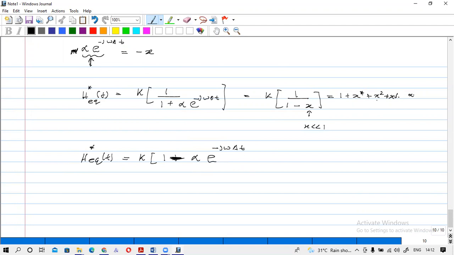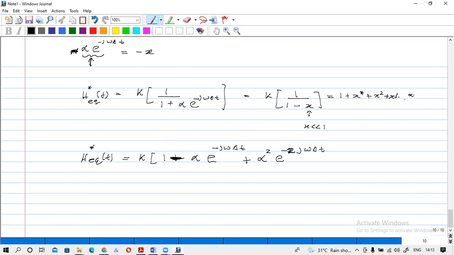Now x square, so I have minus alpha e to the power j omega delta t squared, which gives a plus value: alpha square e to the power minus 2j omega delta t.